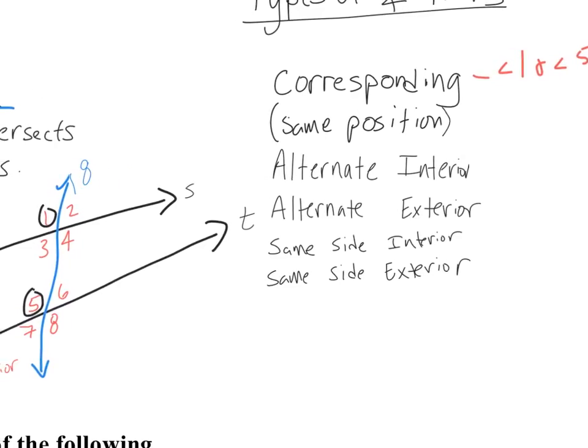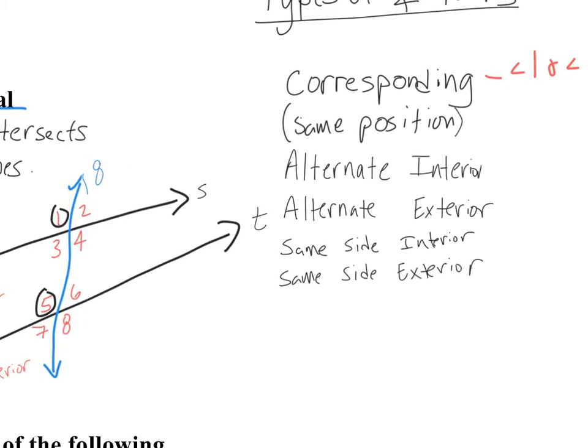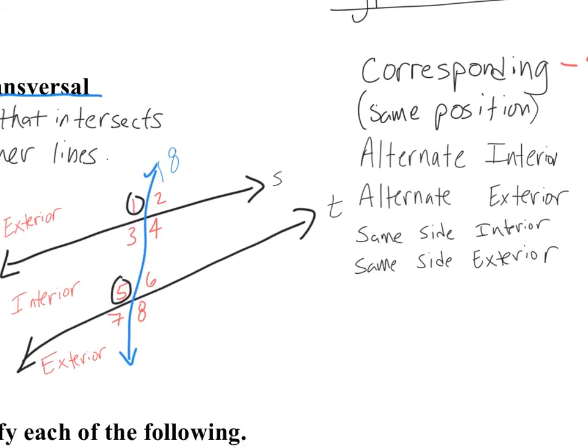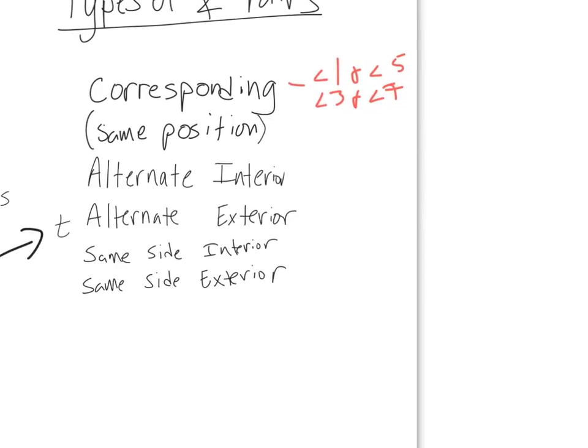If I wanted to list another pair, I would maybe say that angles 3 and 7 are corresponding. We've actually got a bunch of pairs here. So I would say angles 3 and 7 are corresponding. I would say that 2 and 6 are corresponding, okay?